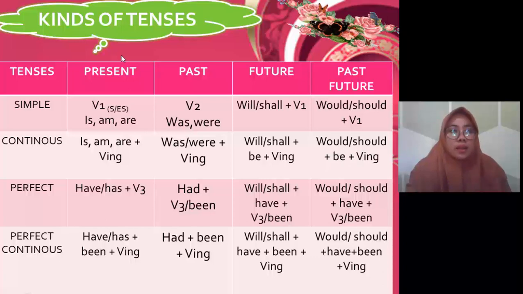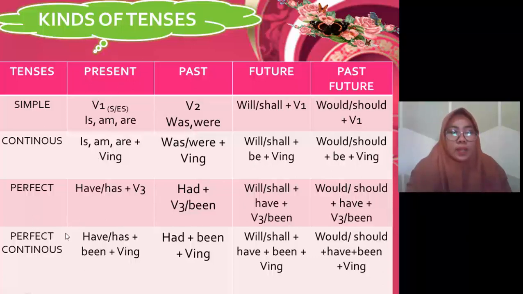And then present perfect, this is the rule. Past perfect, this is the rule. Future perfect, this is the rule. Past future perfect, this is the rule. The next one is the perfect continuous rules.